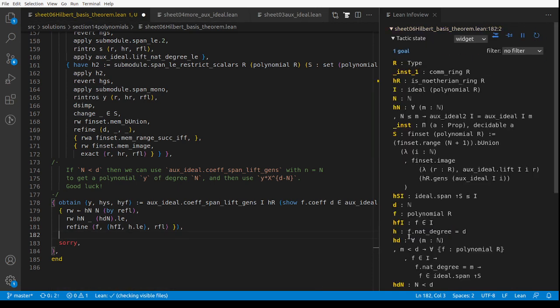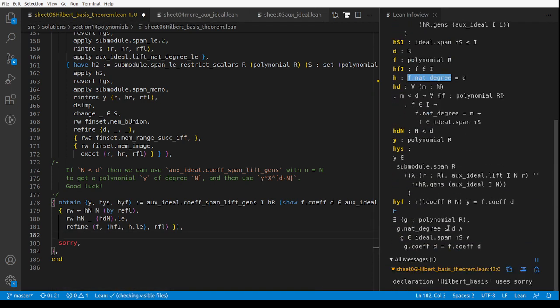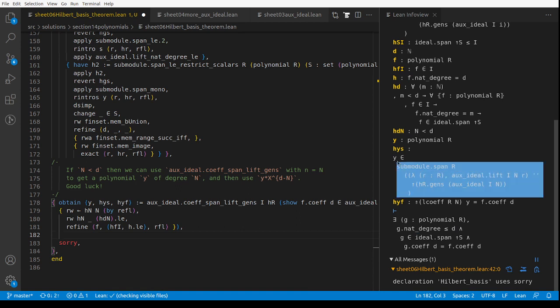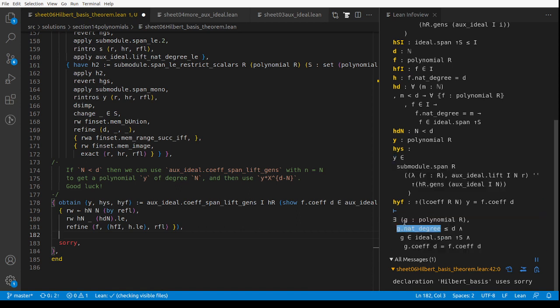So now I have this polynomial y, but it's got degree capital N. It's in the span of the lifted generators at level n. And also I know that I want the coefficient of x to the d for g to be equal to the coefficient of x to the d in f.